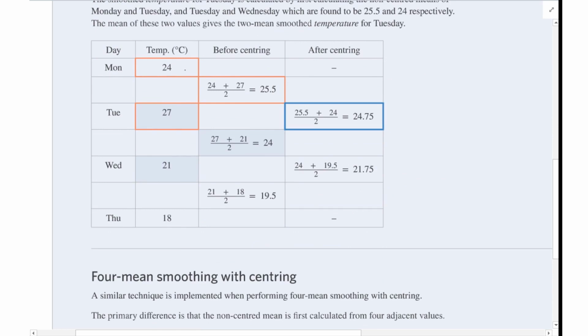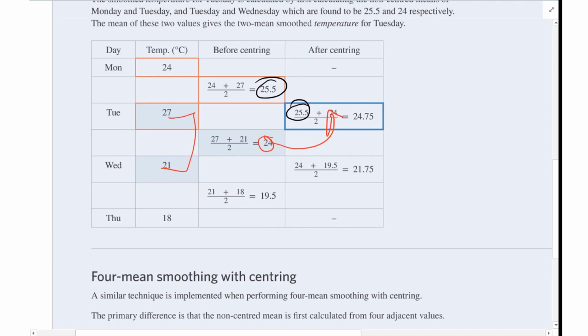Okay, so basically what we're doing is 24, 27. So I'm going 24 plus 27 divided by 2 equals 25.5. And that's linked to there. Then over here, the next one is 27 and 21. So it's these two. 27 plus 21 divided by 2 is 24. That's that value there.